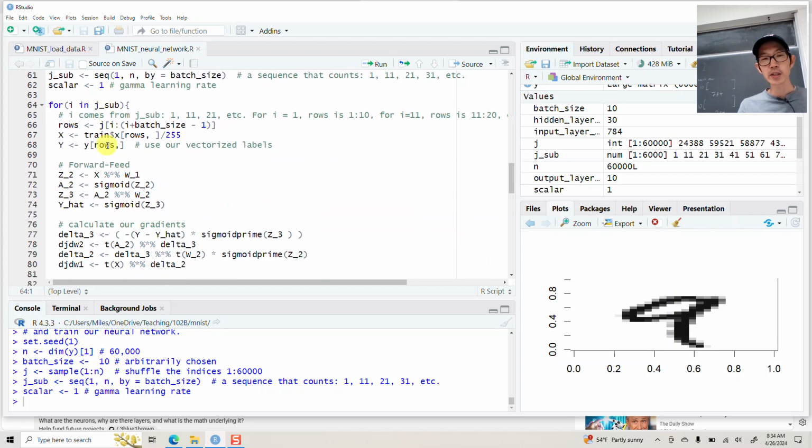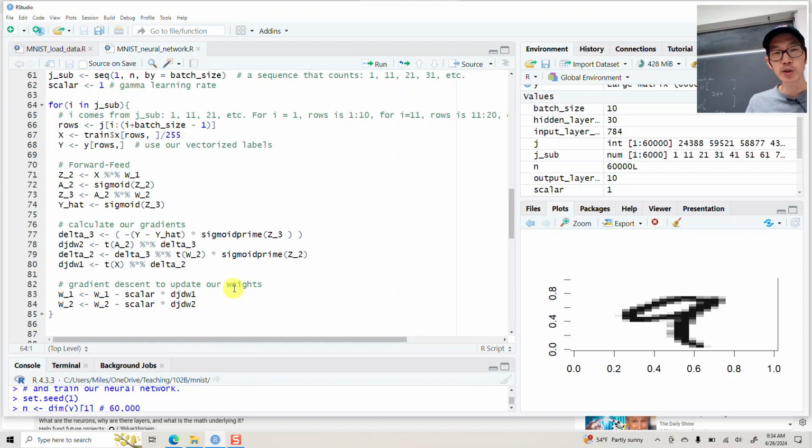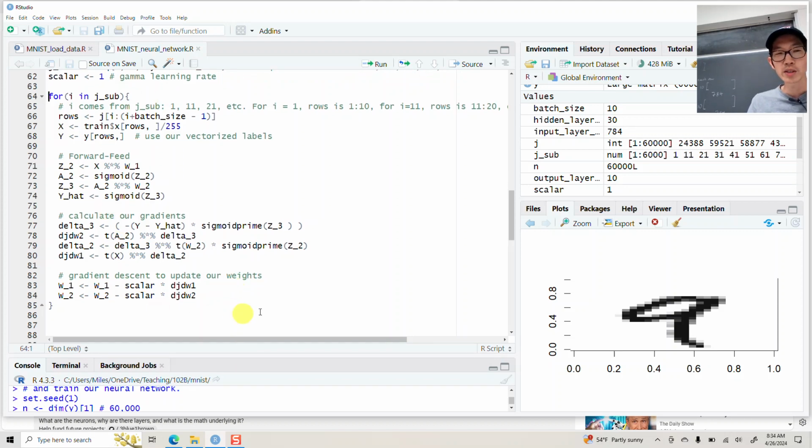And then here is the gradient descent part, right? And my hope is that this looks kind of familiar. Basically I'm going to start by subsetting the data down to 10 rows at a time.